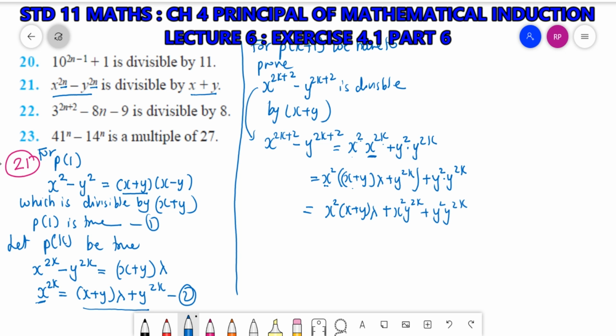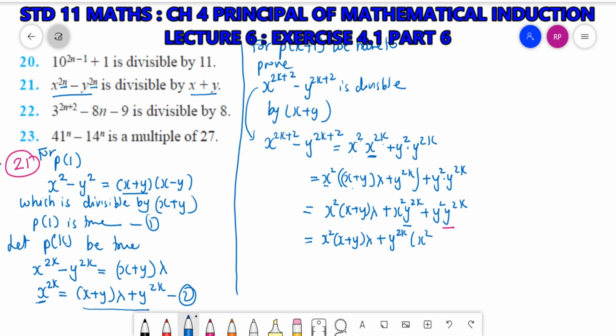Right? So what you can see here, y raised to 2k and y raised to 2k, you can take that common. So what will be our next step? x square into (x plus y) lambda plus y raised to 2k common.